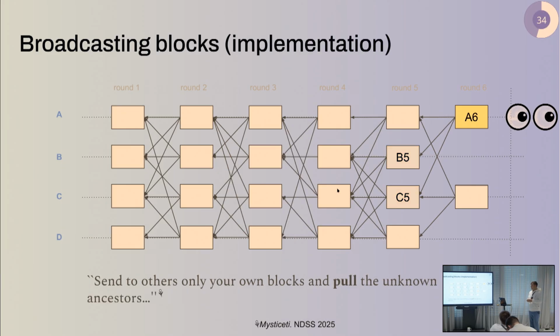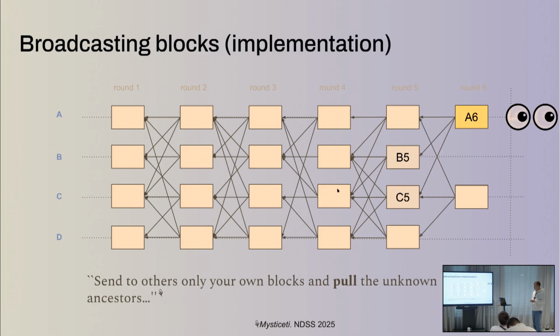So what's done in implementations, in Mysticeti, one of the examples of how Cordial Miners is implemented, is the so-called pull strategy. It's more practical because you send only your block, and if the receiver doesn't have some of the ancestors, then it will pull and ask, okay, please send me that ancestor, and you proceed in this way.